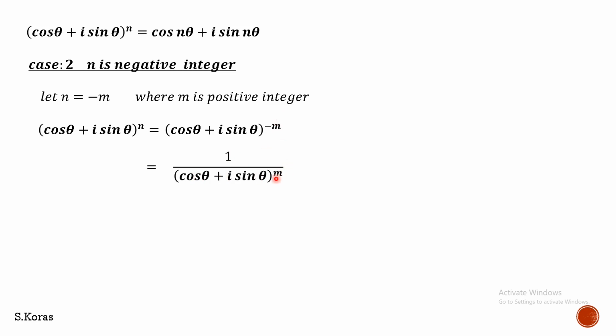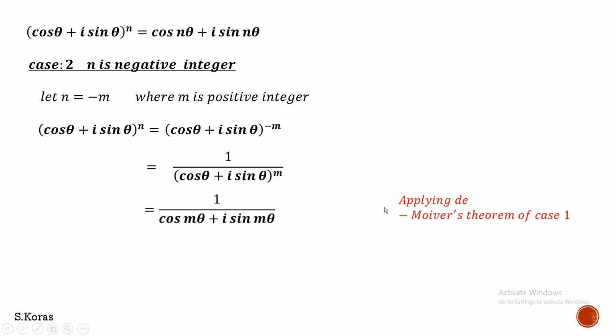Now this m is a positive integer, so we can apply this formula, because (cos theta plus i sin theta) to the power n is equal to cos n theta plus i sin n theta, which we have proved for a positive integer. So we can make this 1 by cos m theta plus i sin m theta. As this states, the power can enter inside like this. So we have made it, right?